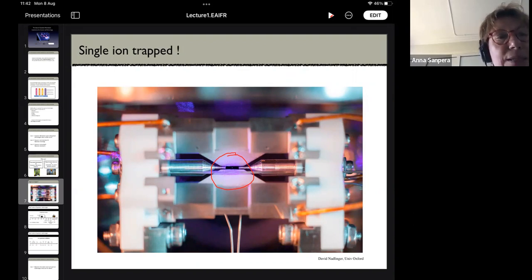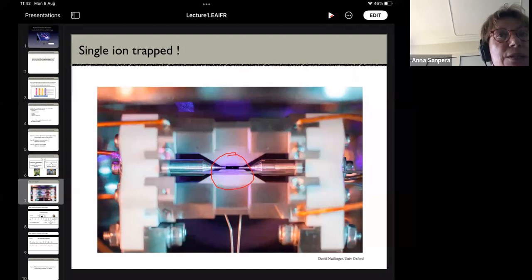And it's just amazing that nowadays we are able to control atoms and ions at the single level. Okay, and like that, in an ion trap, you can have 10, 20 atoms, ions in this case, which are trapped and which you can address individually with a laser shining on them.